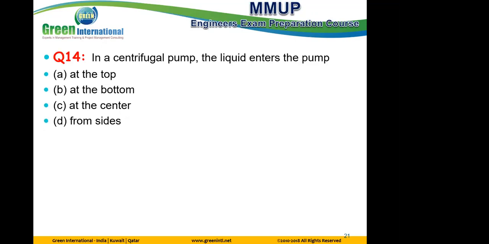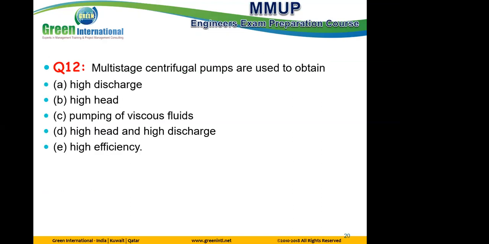Excuse me, sir. For C, the previous question, question number 13: if we need only high head, we will be using a reciprocating pump, right? When we need high head and high discharge, we use multistage centrifugal pumps, right? Why? I discussed this in the PDF file.